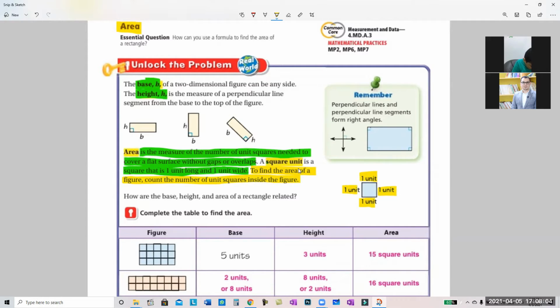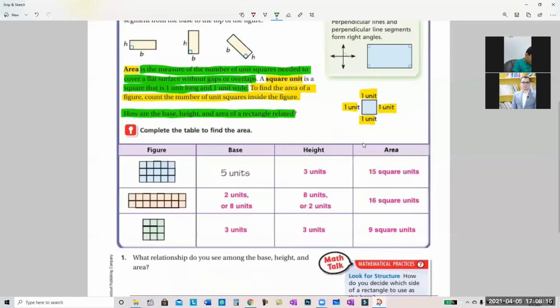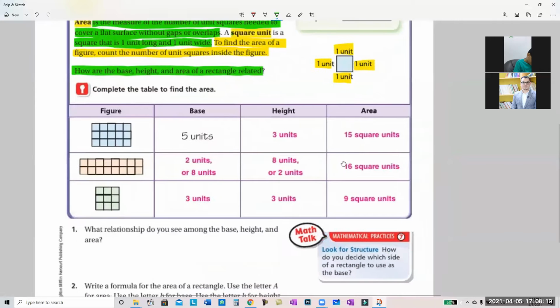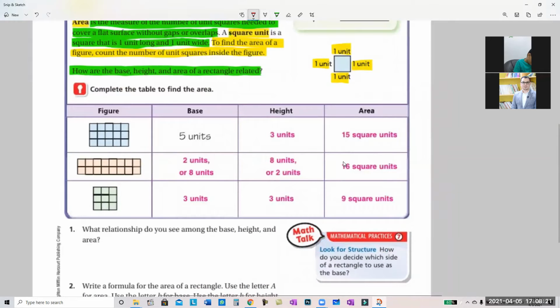Now the question is, how are the base, height, and area of a rectangle related to each other? We're going to discuss it in this table. Let me show you this table. According to the definition of area, if you want to get the area of the first figure, you need to count the square units, or the number of small squares inside it.